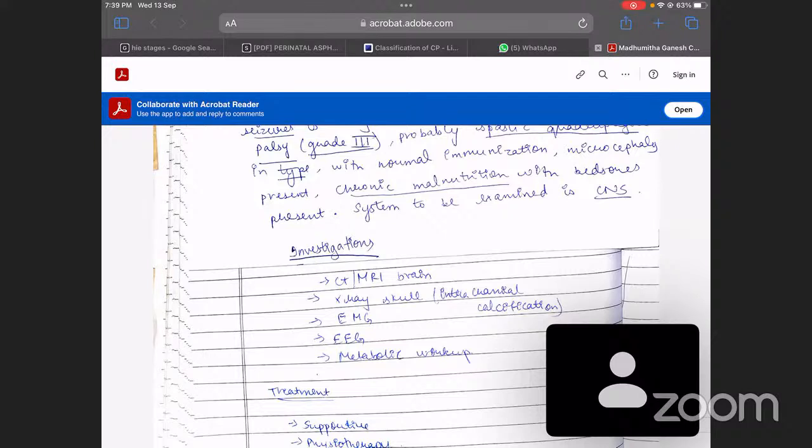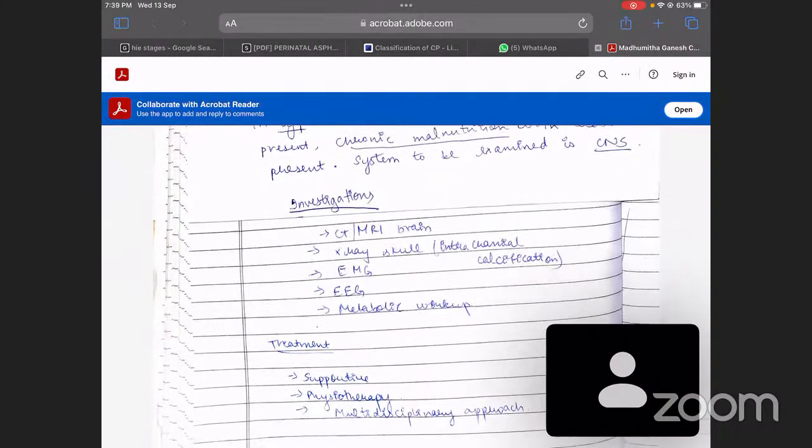In spastic diplegia CP, your corticothalamic, corticospinal, and thalamocortical circuits, these tracts are involved. In a normal diffusion tensor imaging, both are normal.